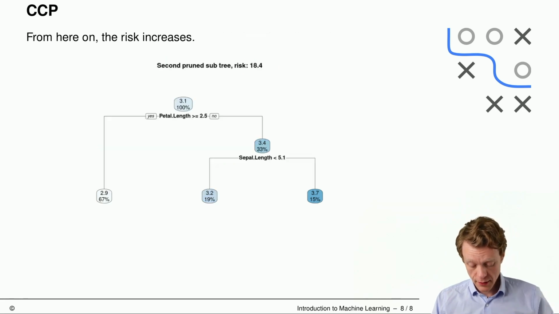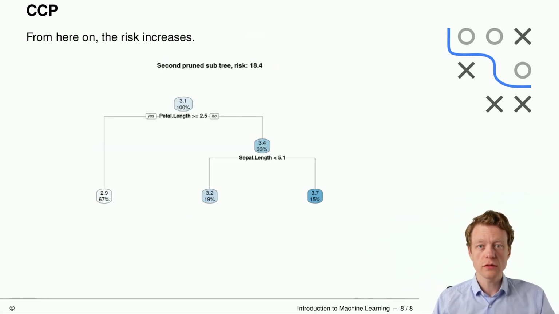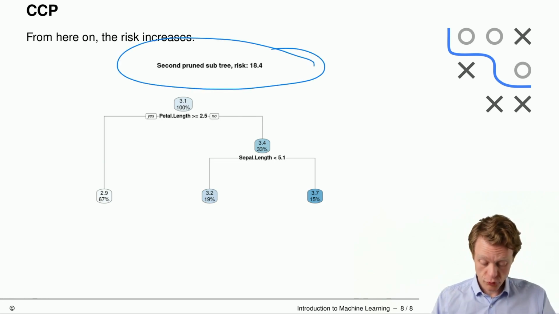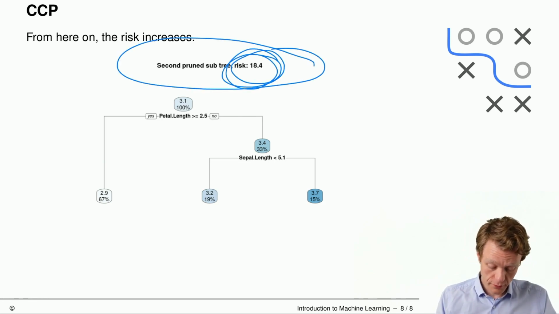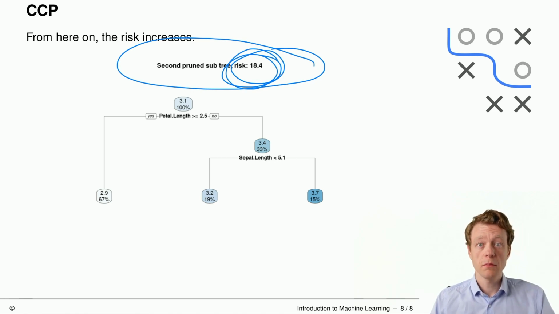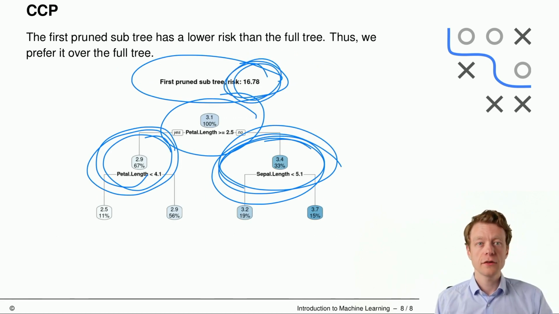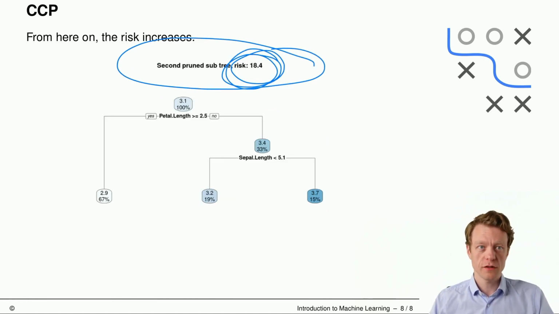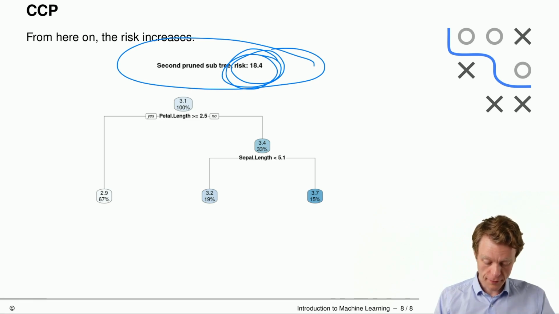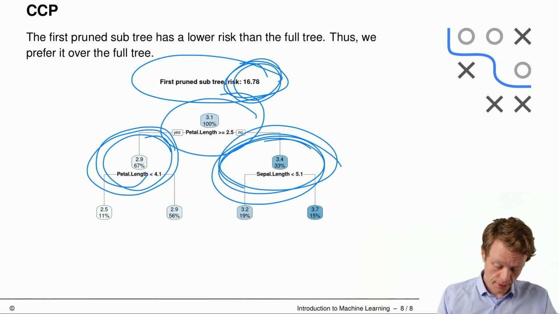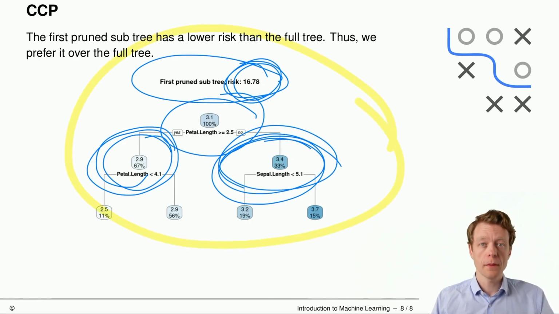And then we see, okay, we can prune the left hand side and get a risk of 18.4 if we do that, but recall that before we had a risk of 16.78, so the risk went up, which is bad, which means that we do not prune further here. Okay, so the final tree will be this one.